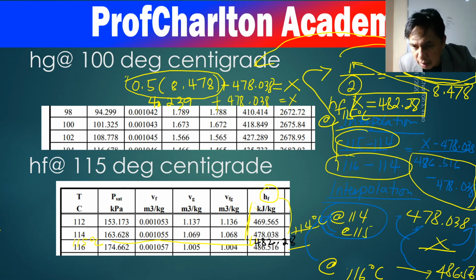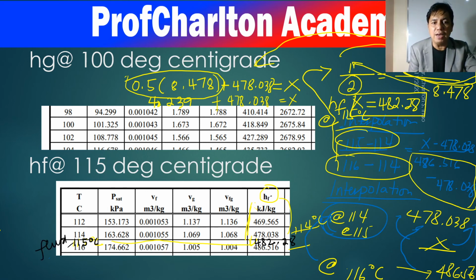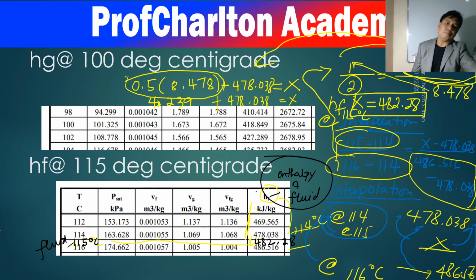And the saturated temperature is 115 degrees centigrade fluid. So it is fluid form because it's a wet feed. HF means enthalpy of saturated fluid.